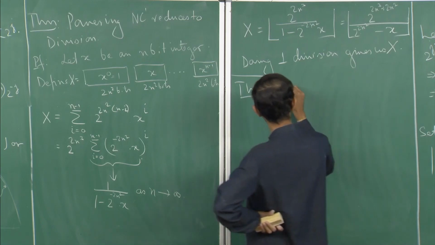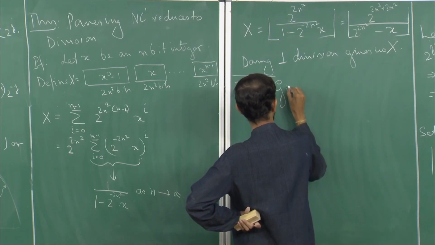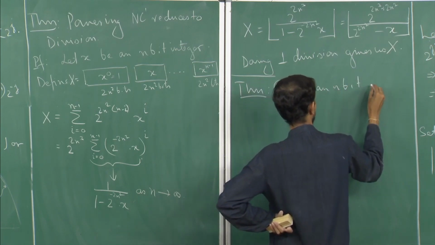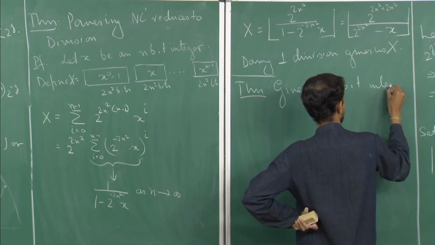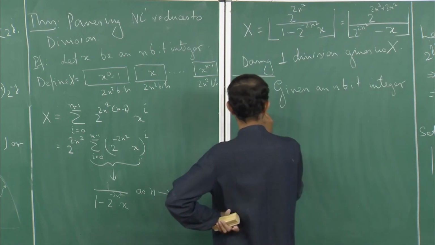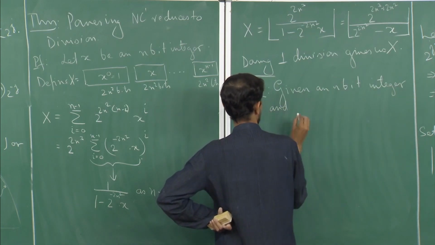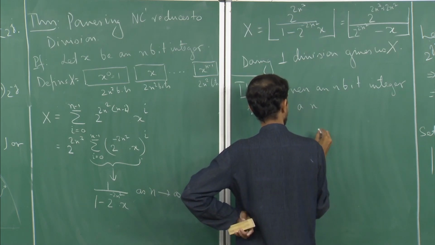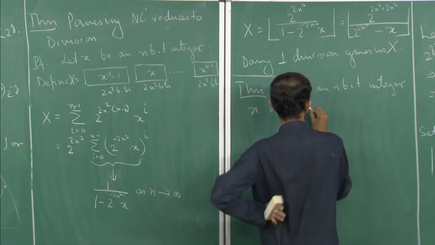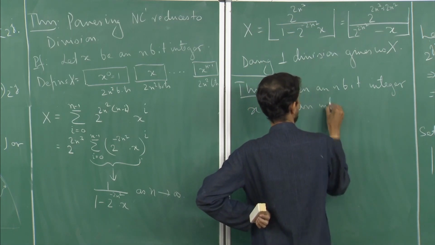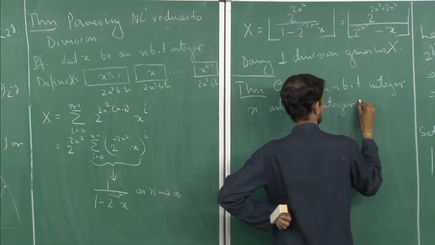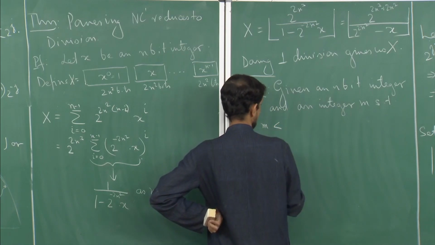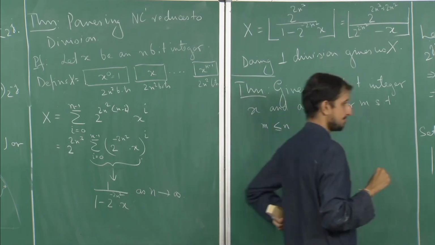So given an n bit integer x and an integer m such that m is less than or equal to n.